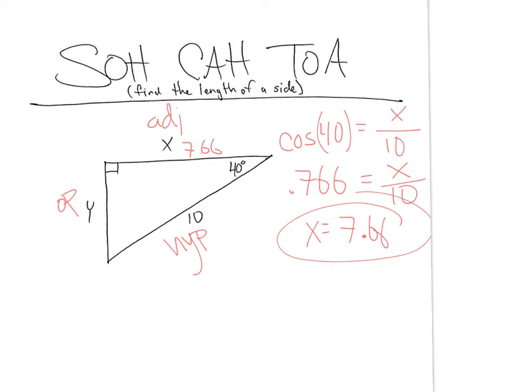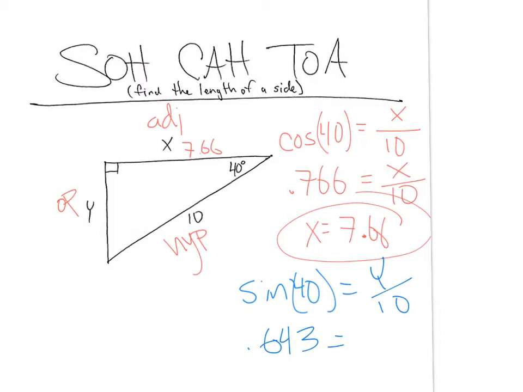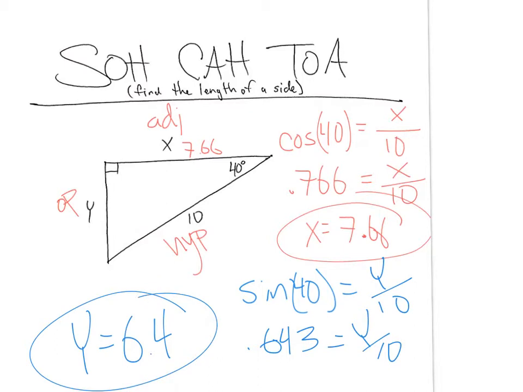So, sine of 40 degrees equals opposite over hypotenuse, so that is y over 10, and sine 40 degrees, the calculator says 0.642787. So again, at least 3 decimal places within the calculation. Multiply both sides by 10, and we end up with y equals 6.4. Okay, so does that look reasonable? Sure.